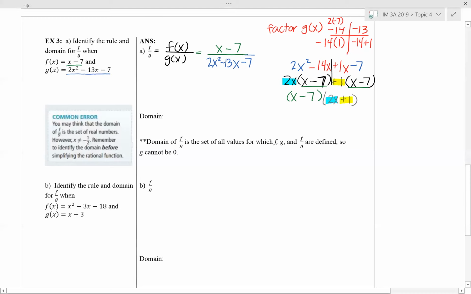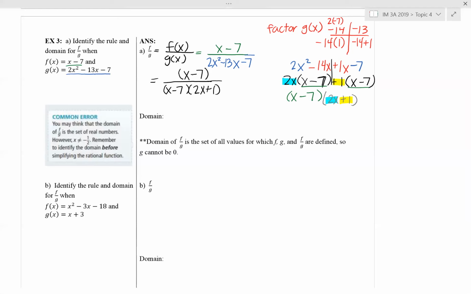So what we've done now is we've simplified our denominator to be x minus 7 times 2x plus 1, while our numerator is already x minus 7, so we can't factor that or do anything of that nature. So if we think about this, this reduces.